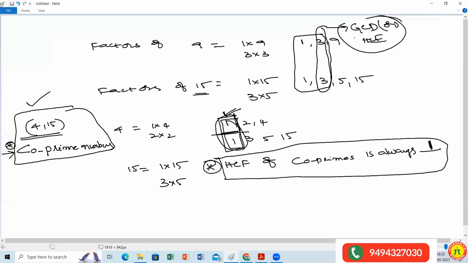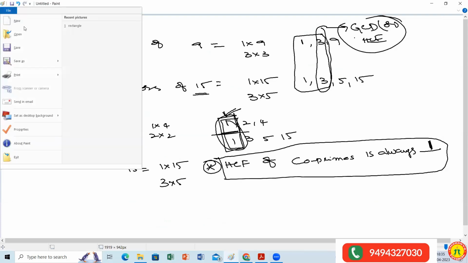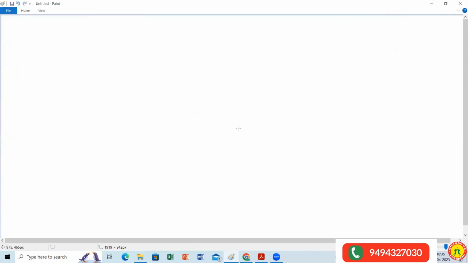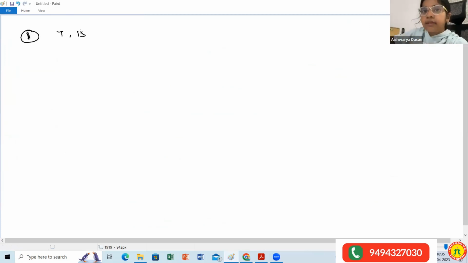7 and 15. Everyone, please take it as a task. Please check the common factor and highest common factor of 7 and 15. Ma'am, the common factor is 1 and the highest is also 1.